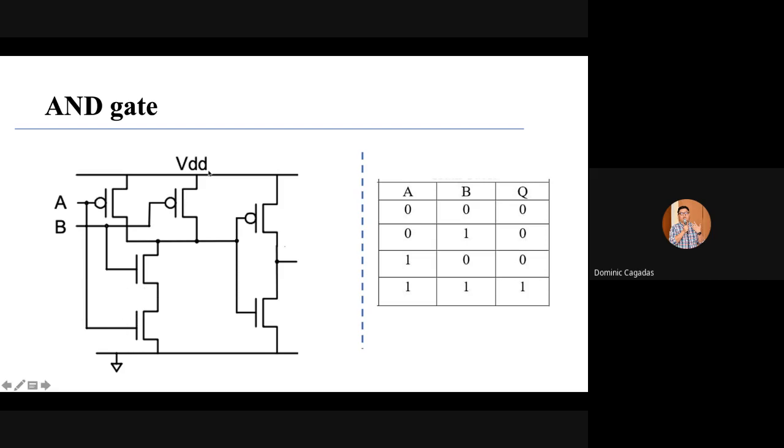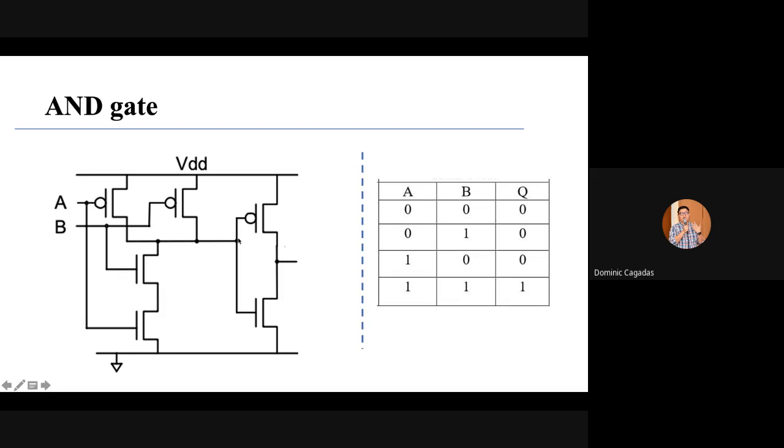So the output here is on, high. Can you see where my cursor is pointing? Yes, sir. So if the output here is high, the input of the inverter is high, so the PMOS will be turned off and the NMOS will be turned on. Therefore our output is low.